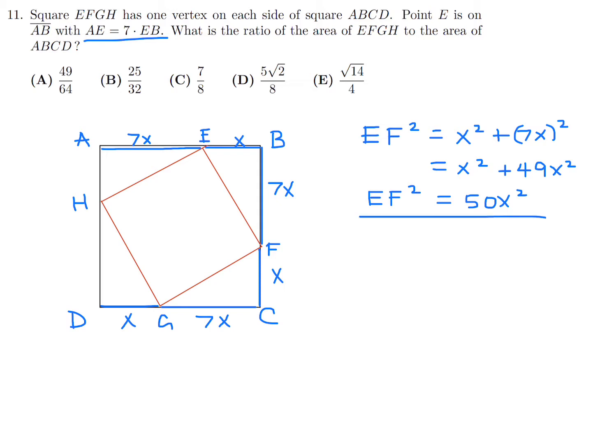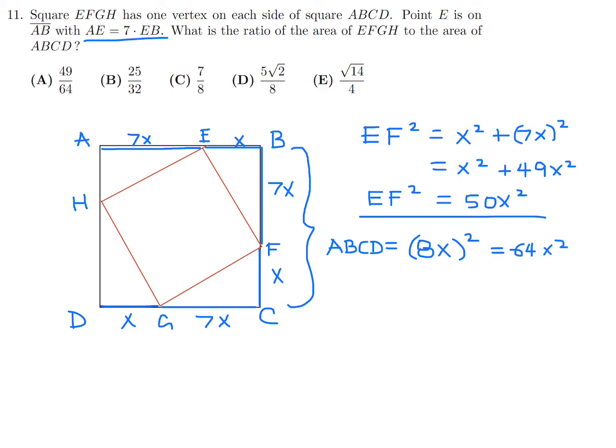That's how you find the area of a square. So that's good enough. And then the area of ABCD is obviously just one full side squared. One full side is 8X. So the area of ABCD is, of course, 64X squared.